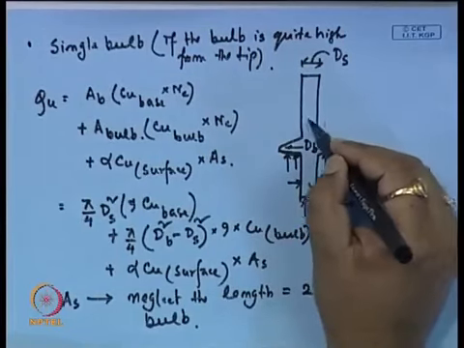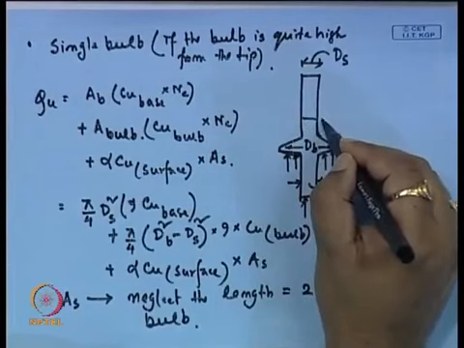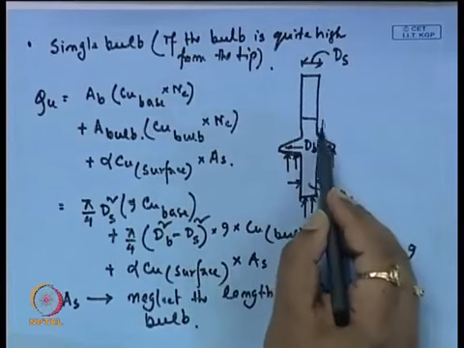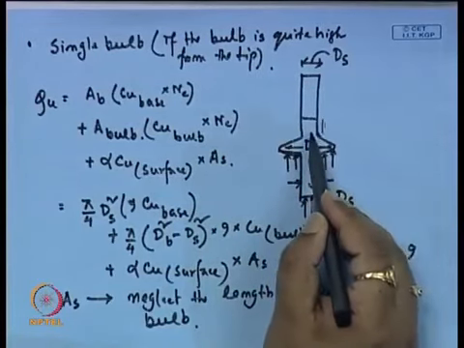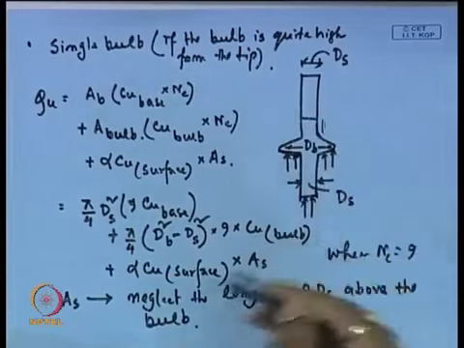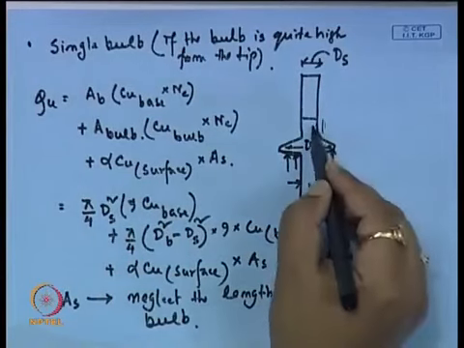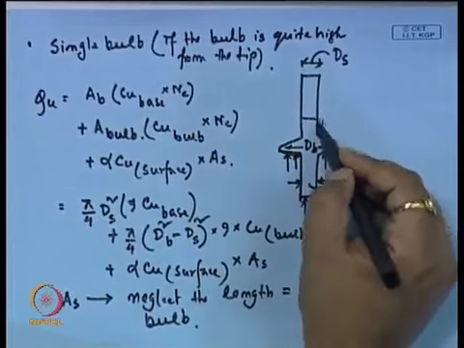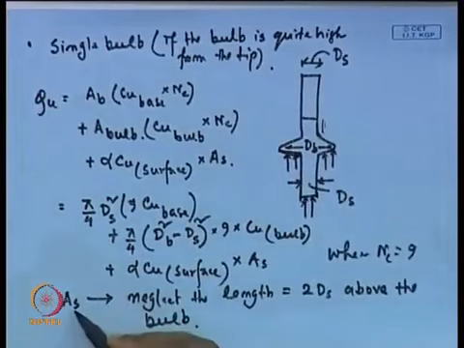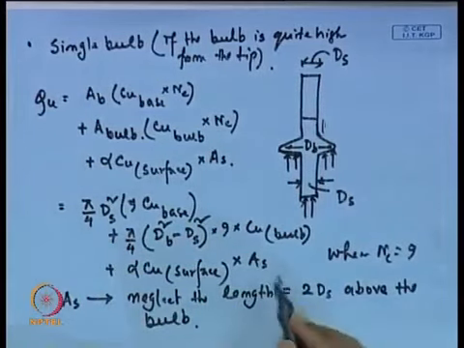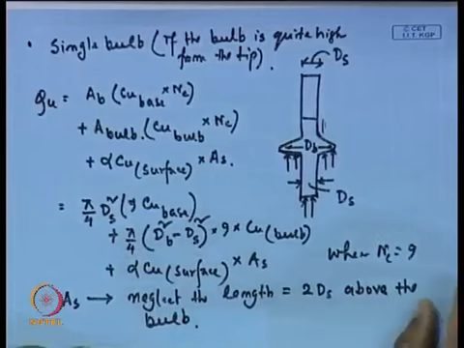So, it is better to neglect this portion, because there is no contact between the soil and the pile, so you will not get any resistance from that portion. So, it will be better if we neglect this portion when you calculate the As during the calculation of friction resistance.